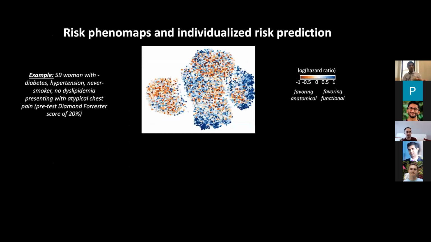And so how to use the phenomaps just for understanding: if we have a 59-year-old woman presenting with diabetes, hypertension, who's never smoked before, does not have dyslipidemia, and presents with atypical chest pain, you would imagine that this person would end up falling in a single type of cluster, and people who resemble this person would be one kind of person.